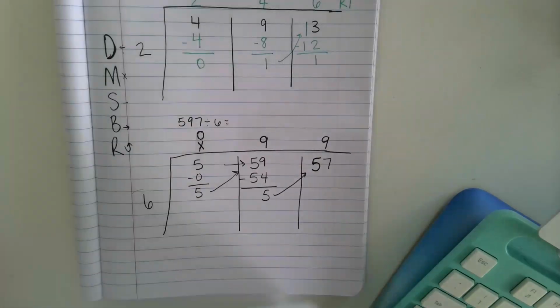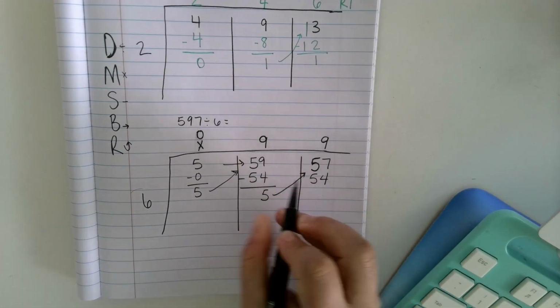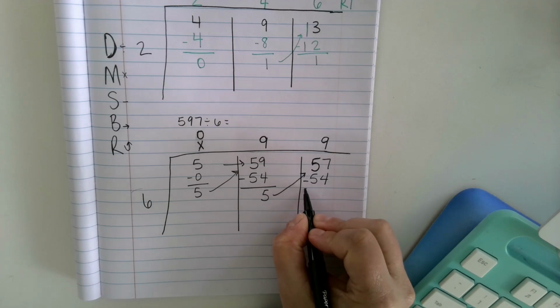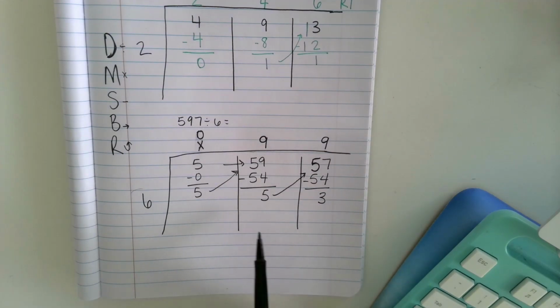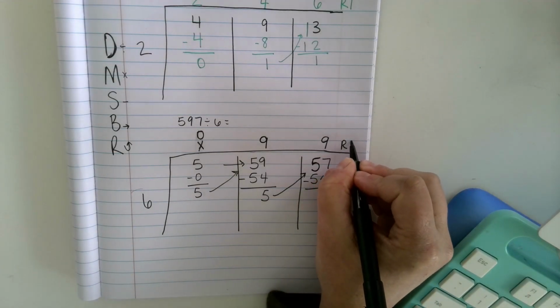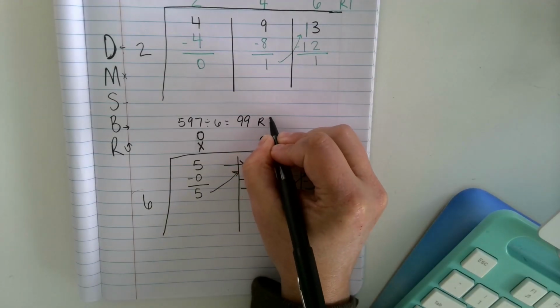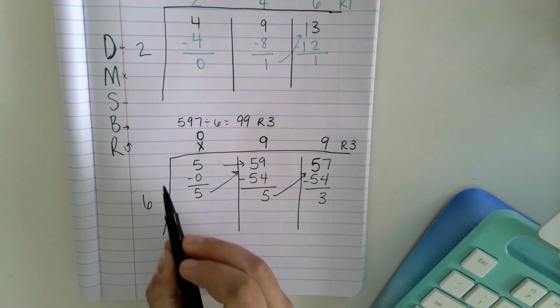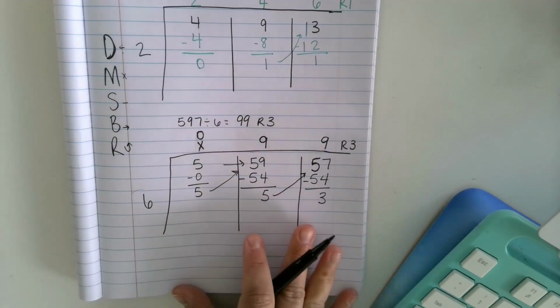Okay. 9 times 6 is still 54. I'm going to subtract. I would have 3 left over. I don't have any more boxes to go into, so that 3 becomes my remainder. And the answer would be 99 with a remainder of 3. Okay, when I have that 0 or X in the front, I don't have to write that. It's just 99 remainder 3.